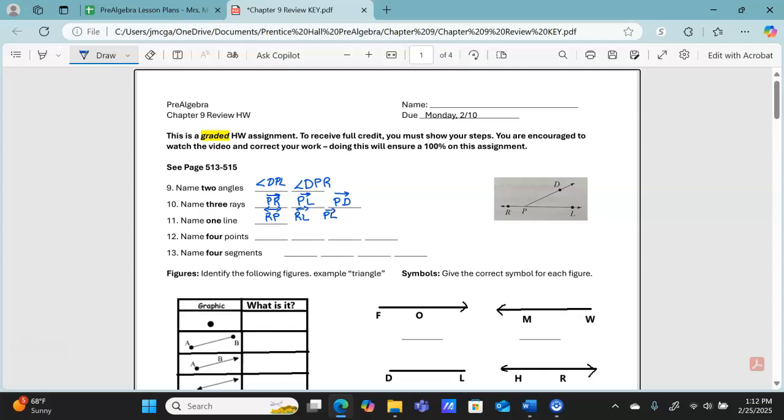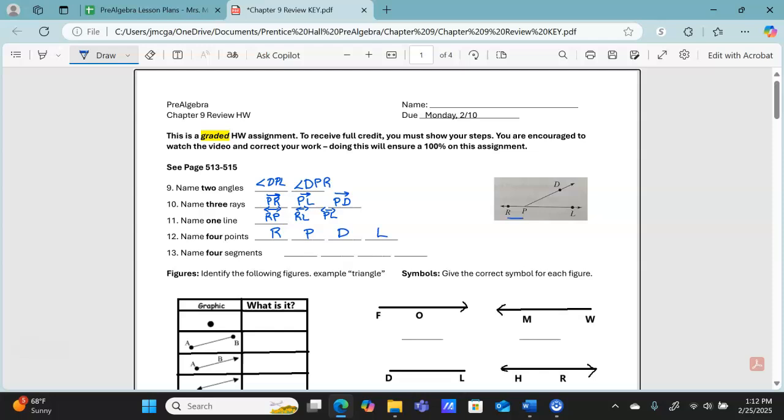You could take any one of these three letter combinations and flip them around, PR, LR, and LP, and it would all be the same line. To name a line, what you need is 2 points on the line and then draw the little line symbol over top of it. The 3 points are just the letters, so R, P, D, and L.